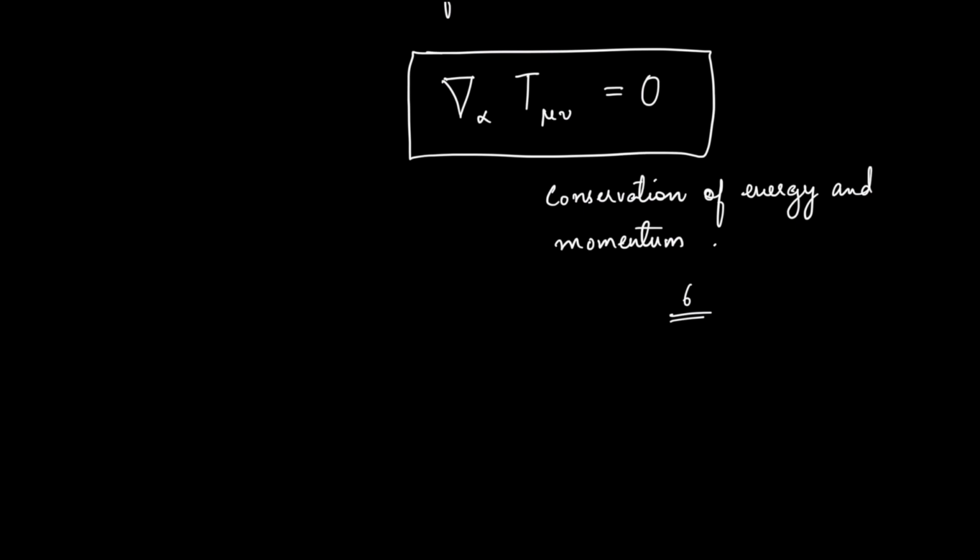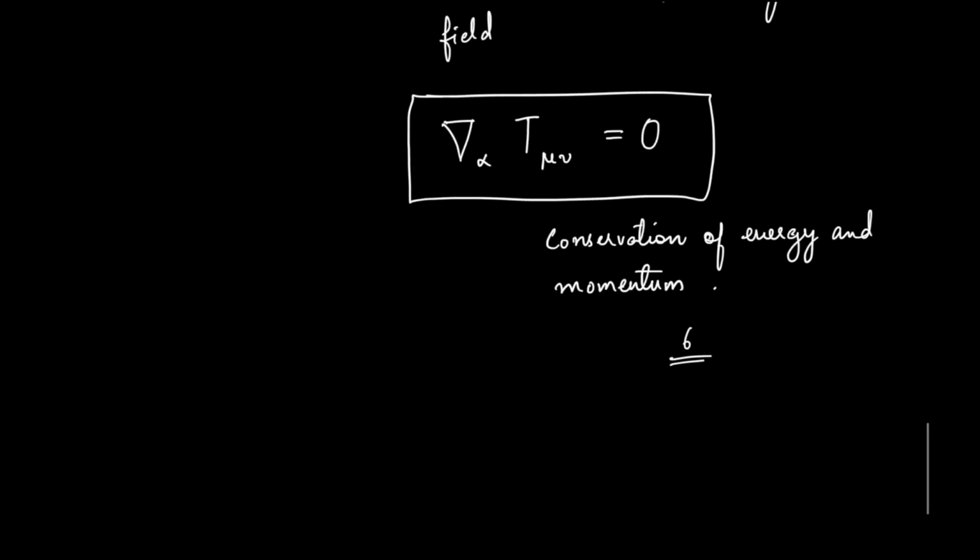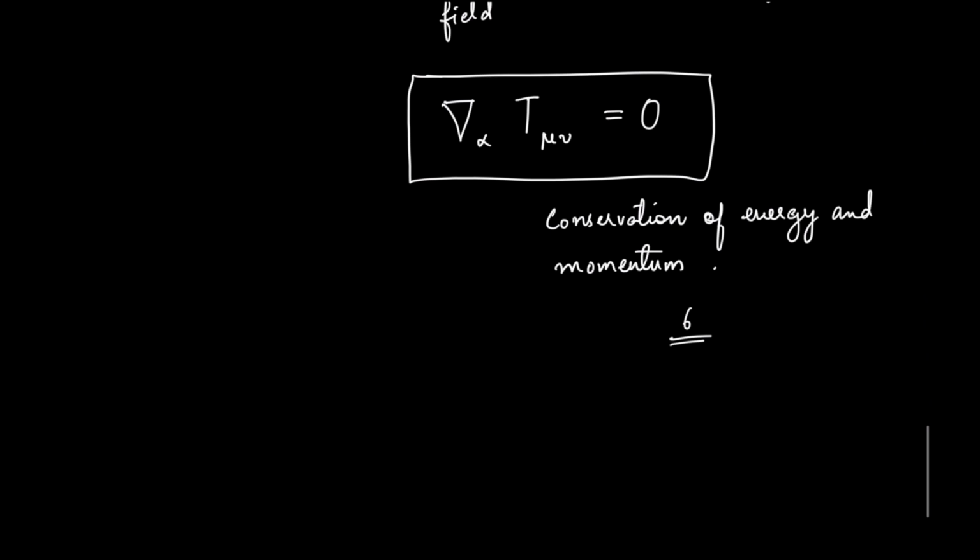Now, if these are the properties of the energy momentum tensor, then we can ask, is there any other tensor with the same properties, that is the conservation law, so that we can equate this with the curvature properties of a tensor.